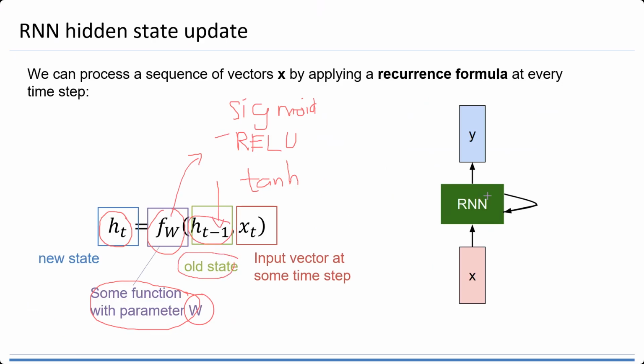And for the every states, we will check the input. So it means we have x here, and then the old state, let's say this is the h0, it will determine the h1. So the new state, which is the h1, it will be determined from the h0 and x in a particular t.